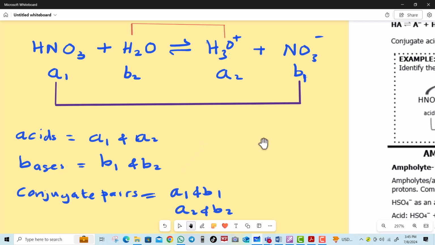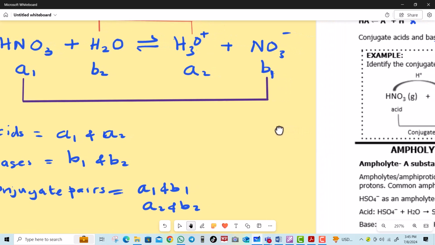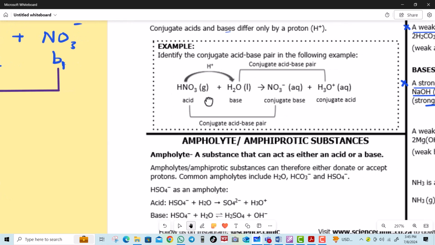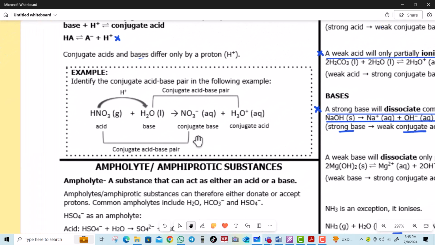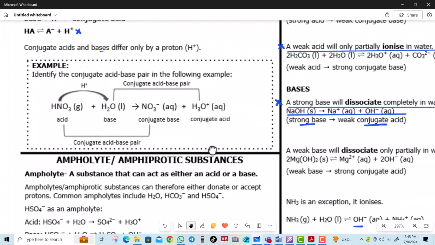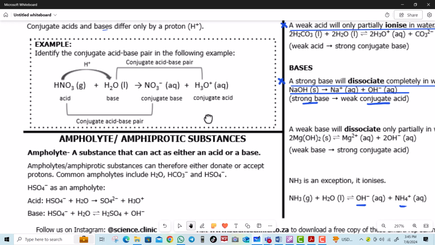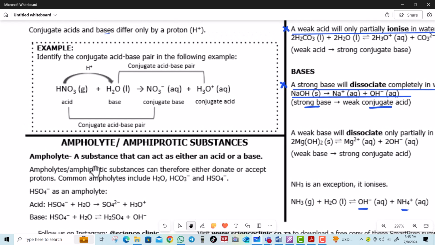So that's how we identify the acid-base pairs. Now another definition here is the ampholyte, or amphoteric substances. An ampholyte is a substance that can act as either an acid or a base.